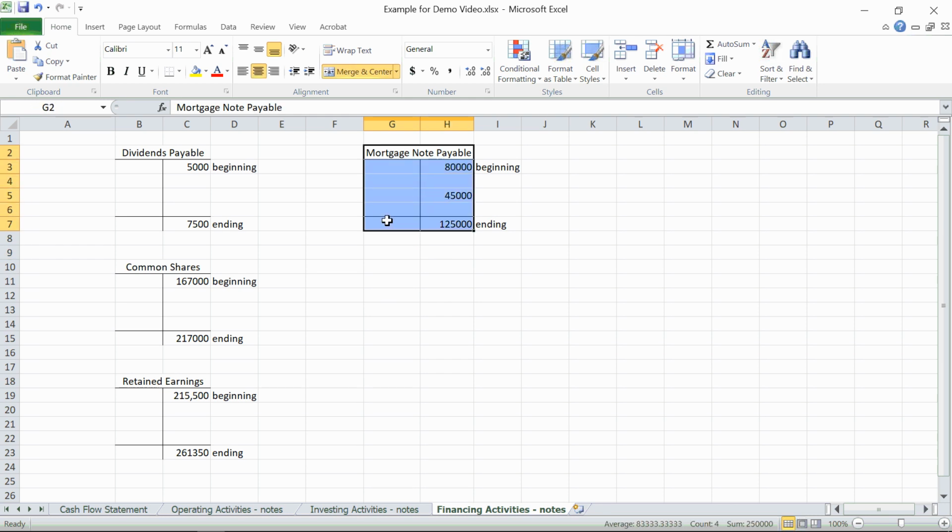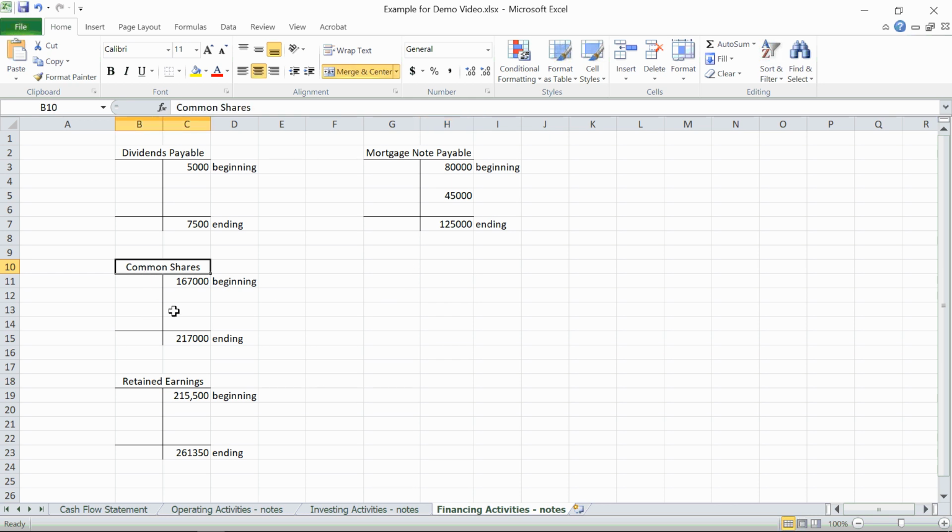Now, in other questions, if this were a bank loan or perhaps bonds payable that increased, you would say either took out bank loan or issued bonds, and you would add that increase in the long-term liability. We don't need to do that here, so I'm going to move on to the common shares account.